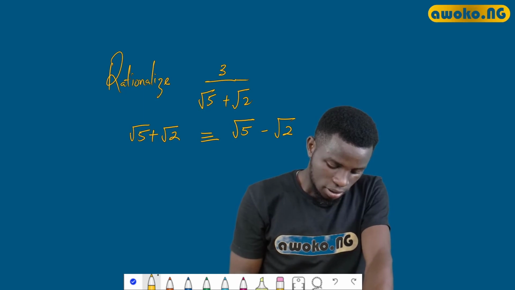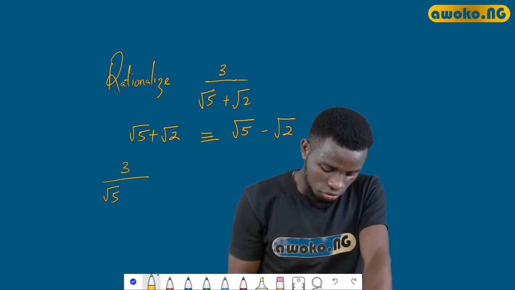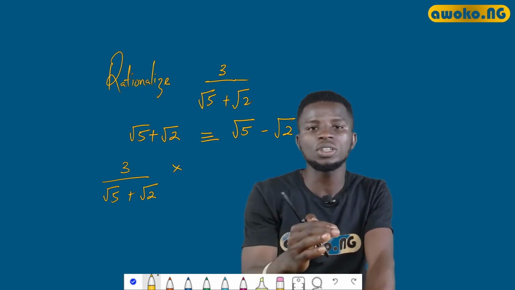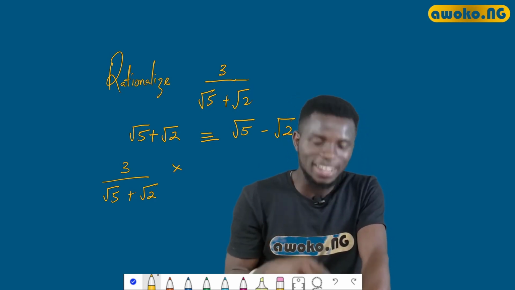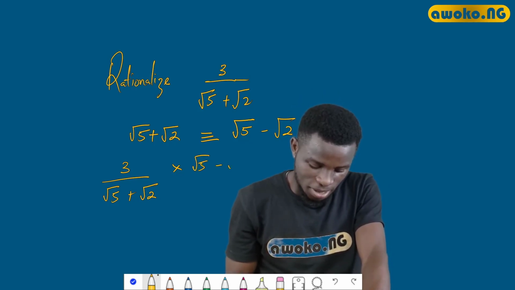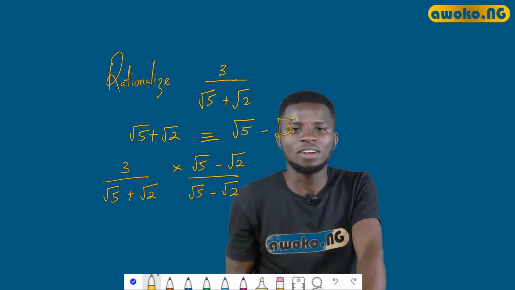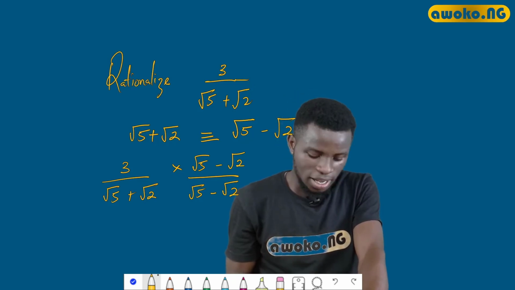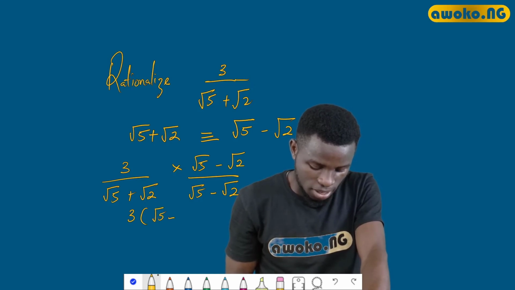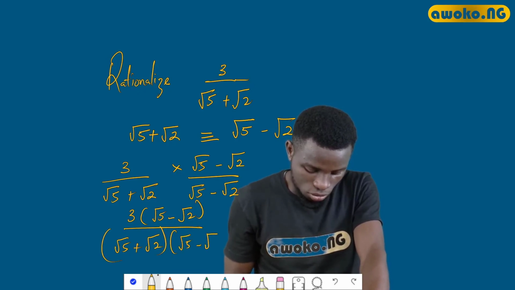So you have 3 over square root of 5 plus square root of 2. Then we multiply both the numerator and the denominator by the conjugate, which is square root of 5 minus square root of 2 all over square root of 5 minus square root of 2. After multiplying them together, we would have 3 into root 5 minus root 2 all over root 5 plus root 2, then root 5 minus root 2.